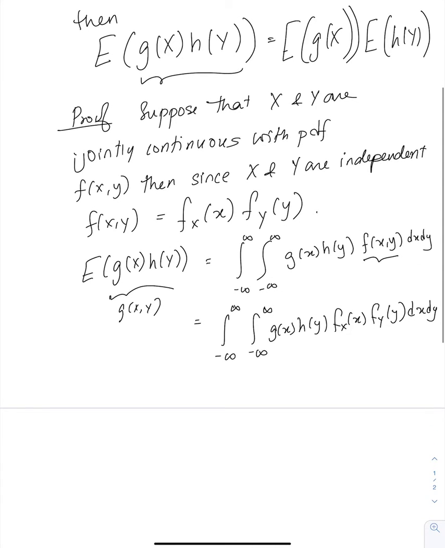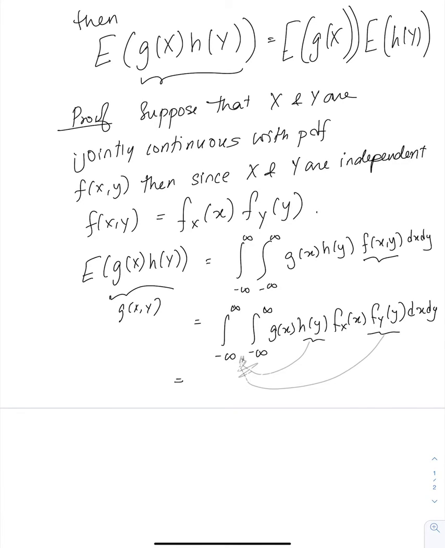And just using the properties of integrals, these are functions not of X, they're functions of Y. You can pull these out of the inside integral, and then what you have inside is the integral of g of X times f sub X dx. That's a constant as far as the integral dy is concerned, so you can completely pull that out.